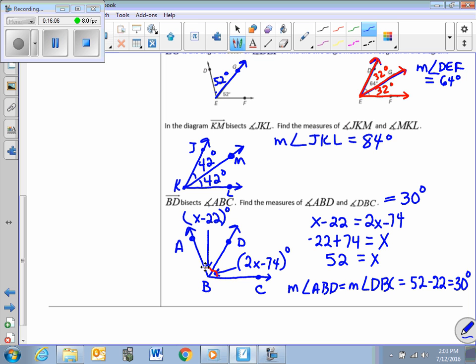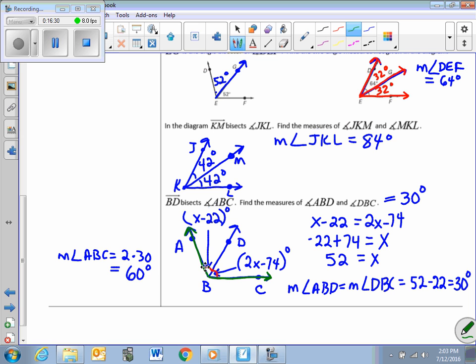So what does that tell me about the measure of angle ABC? It would have to be 60, right? The measure of angle ABC would be 2 times 30, which is 60 degrees. And clearly you can see from my picture that I actually drew an obtuse angle here. ABC is an obtuse angle based on my drawing.